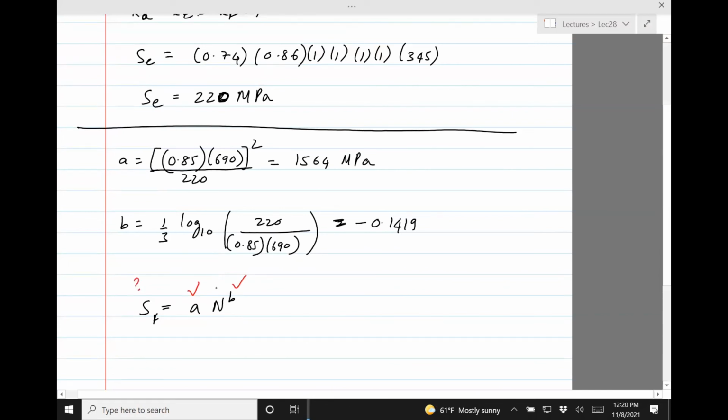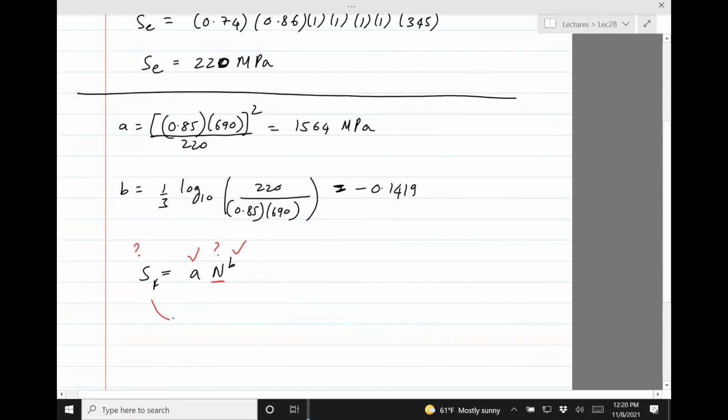S is something which is unknown. So we will find N, but we'll have to solve for SF. Okay, this depends on the specifics of the problem.